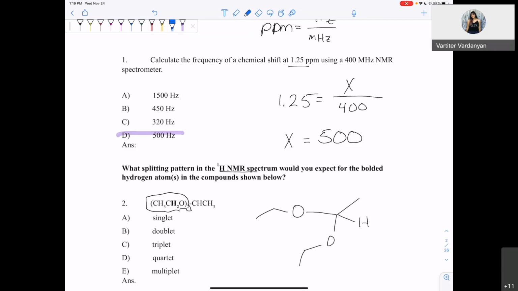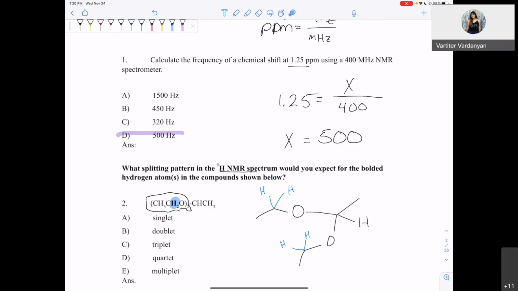And so the bolded hydrogen is this one. So I will go ahead and draw those guys out. So the first thing we do in NMR is we look at symmetry. So this molecule has internal symmetry right here. So these signals and these signals are exactly the same.